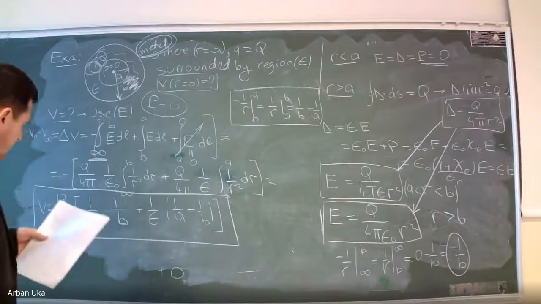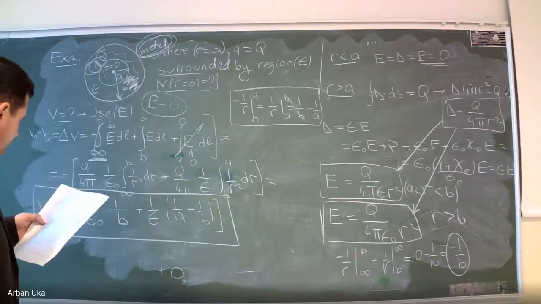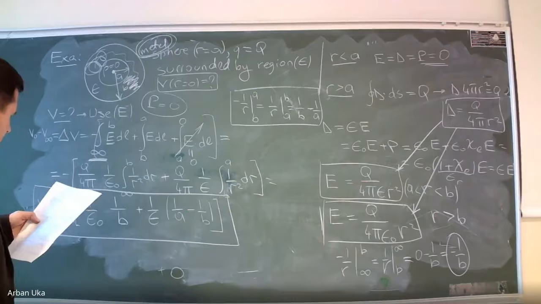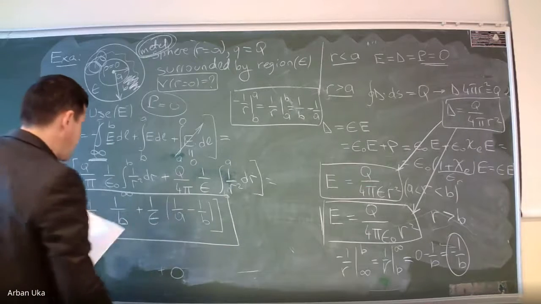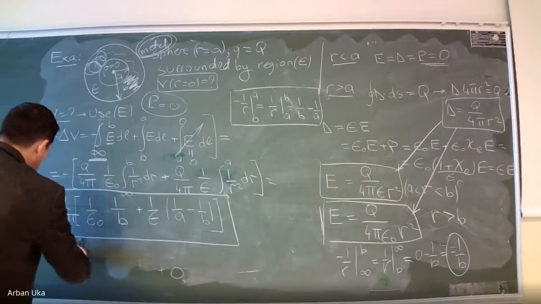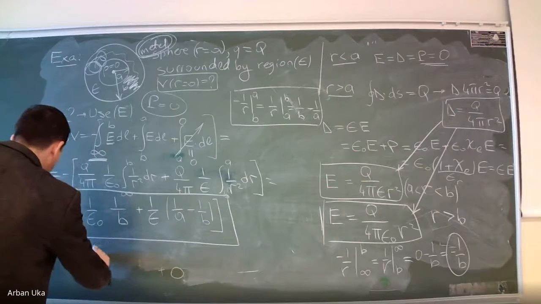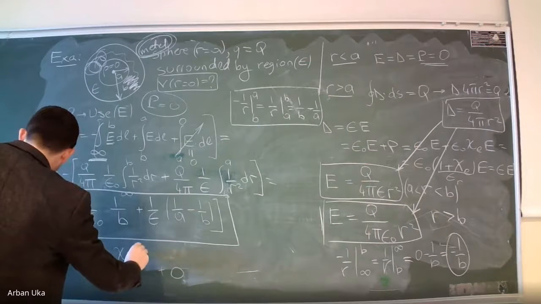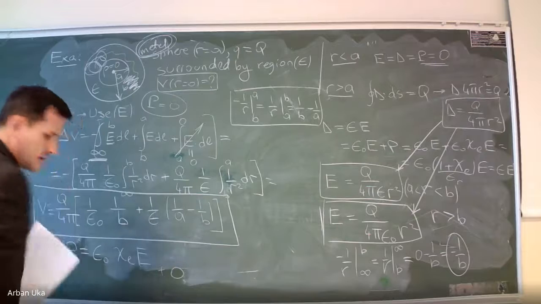And to find the polarization, we can write down this expression here, which will be as such: the polarization is equal to epsilon 0 times chi e times the electric field.